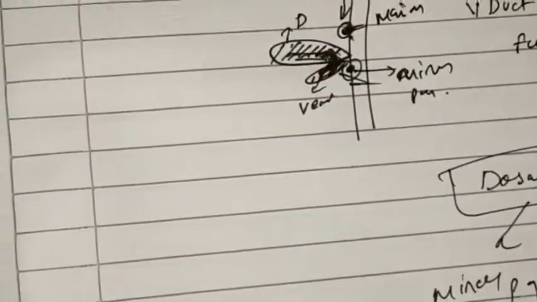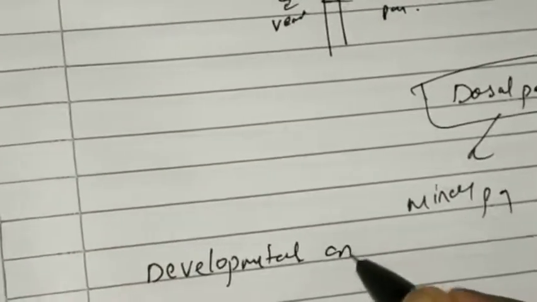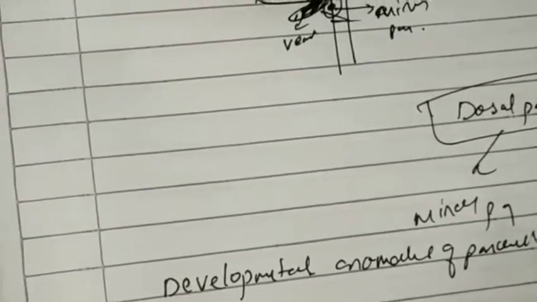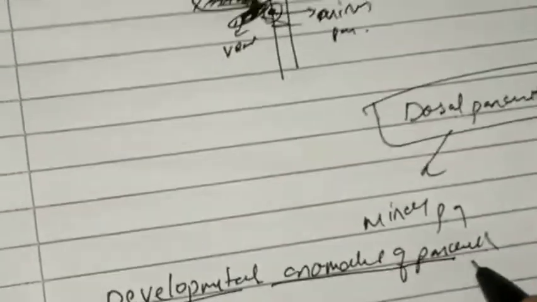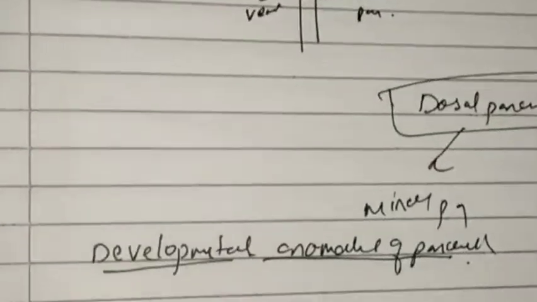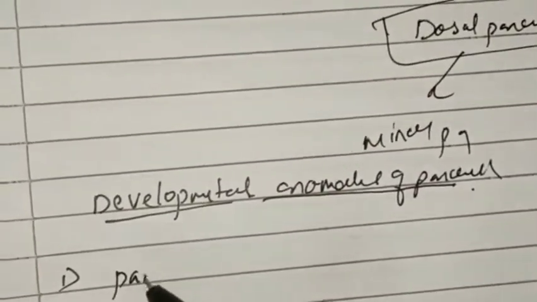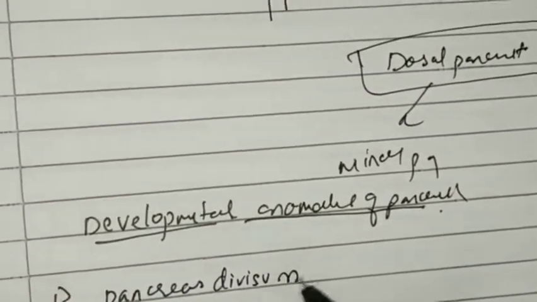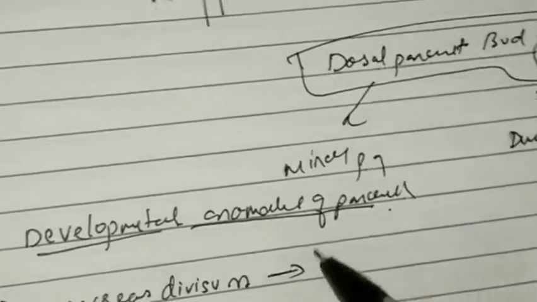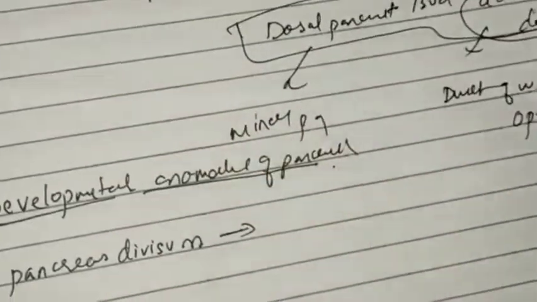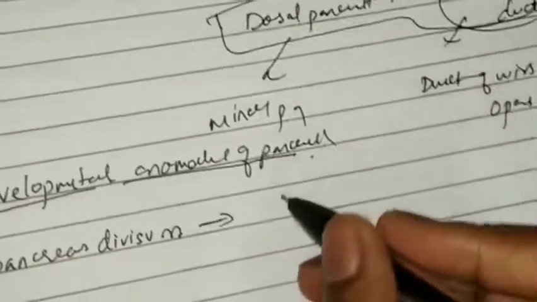Let's see what are the developmental anomalies. Anomalies of pancreas. If there is some embryonic failure in the development of pancreas, what are the abnormalities that can be seen? First thing is pancreas divisum. Both the pancreatic ducts, that is main and the accessory pancreatic ducts, do not fuse.